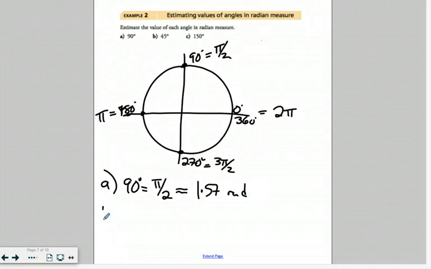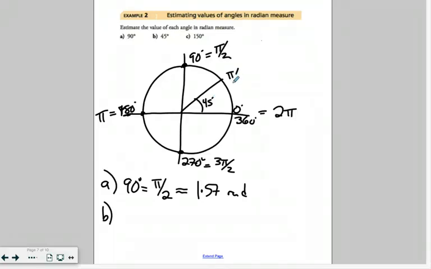45 degrees. Where's 45 degrees on that circle? Between 0 and 90 and exactly halfway between, correct? So if this is where my 45 degrees is, and from 0 to 90 is pi over 2, what's this going to be as a fraction? If this is half of the pi, this is half of a half, which is a quarter.